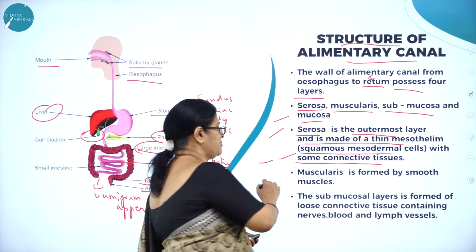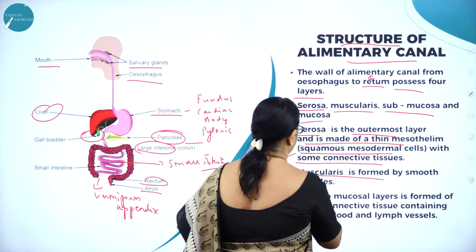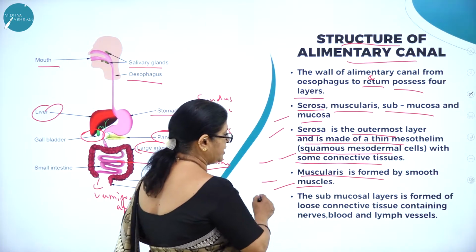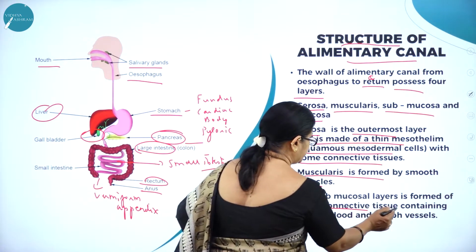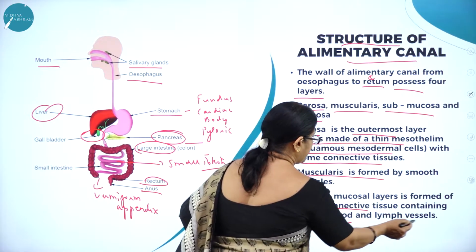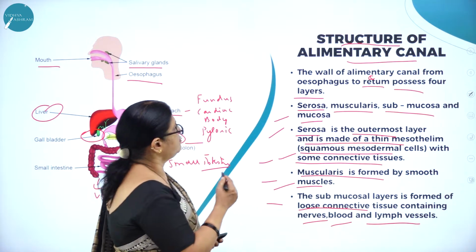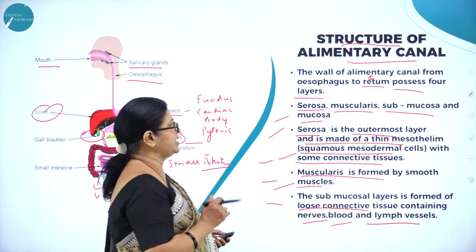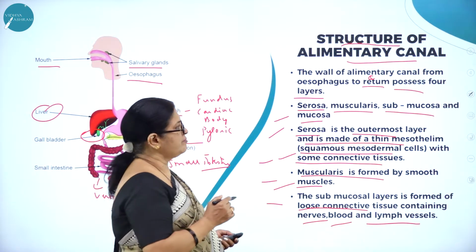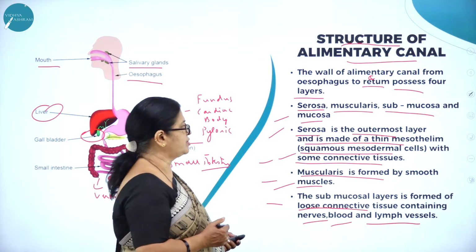Next comes the muscularis, which is formed by smooth muscles. Then the submucosal layer is formed by loose connective tissue containing nerves, blood and lymph vessels. So the wall of the alimentary canal from esophagus to rectum possesses how many? 4 layers. What are they? Serosa, muscularis, submucosa and mucosa.